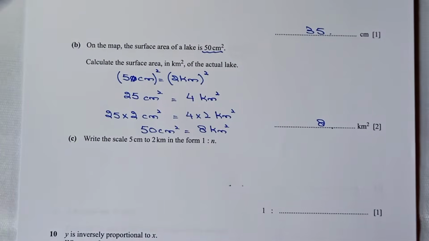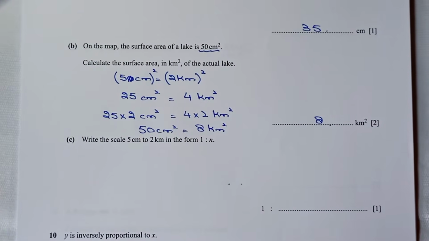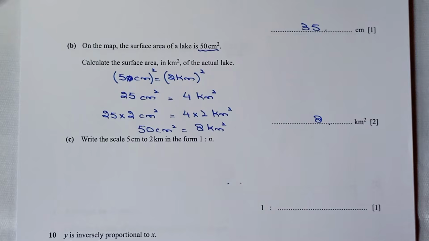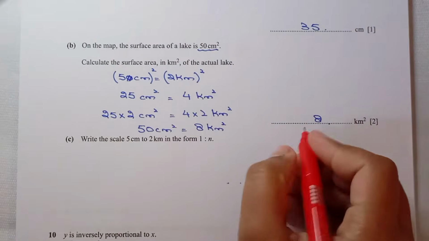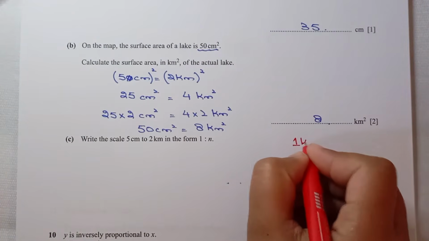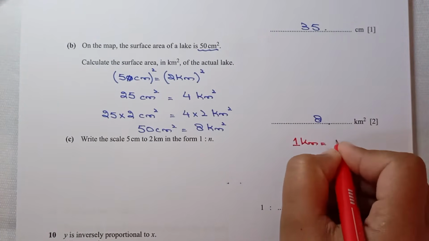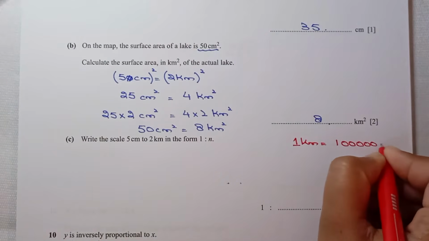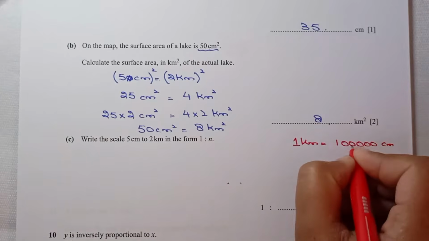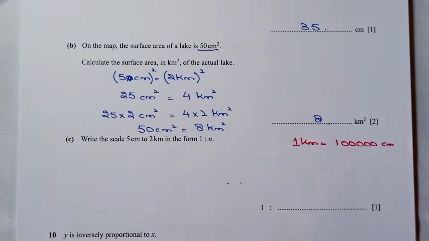Now for C part, write the scale 5 centimeter to 2 kilometer in the form 1:n. Okay, so here we need to use a conversion. 1 kilometer is equal to 100,000, or we can say 1 lakh centimeter. Yes, 5 zeros.